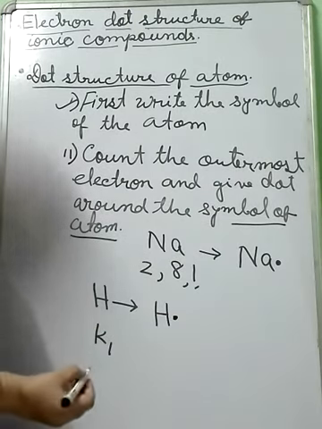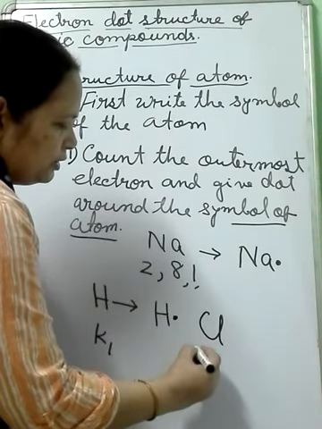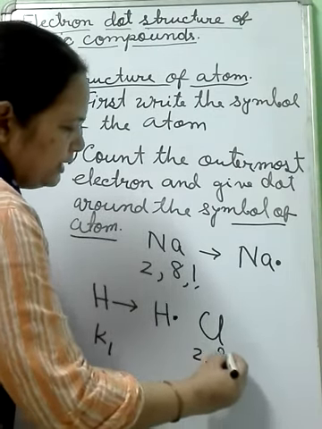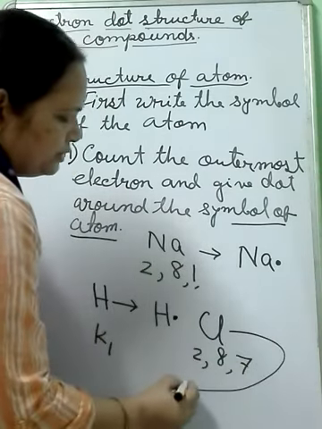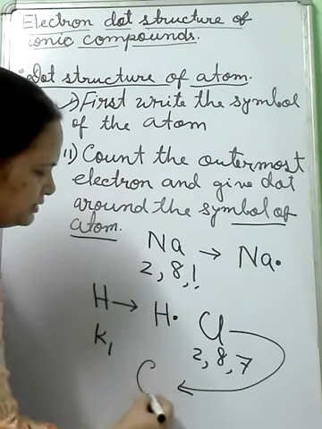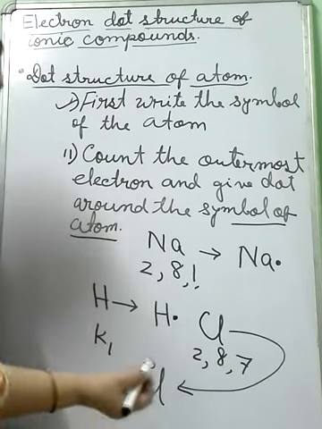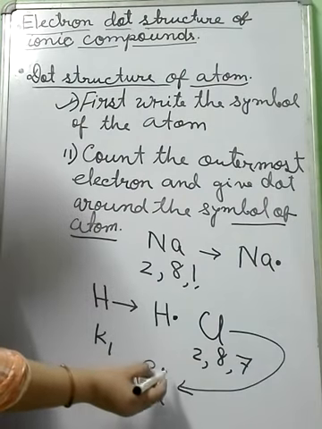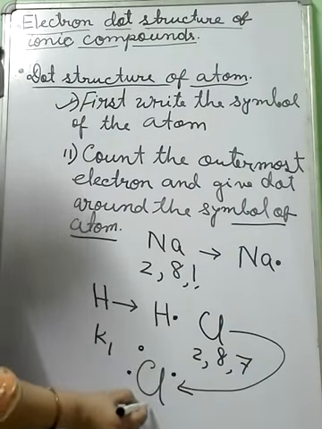Now take the example of chlorine. Chlorine configuration 2, 8, 7. Now, how will you draw the electron dot structure of chlorine? Write down the symbol of chlorine. Now 7 dots we have to give. How will you give these 7 dots? We'll start giving from one side. 1, 2, 3, 4.